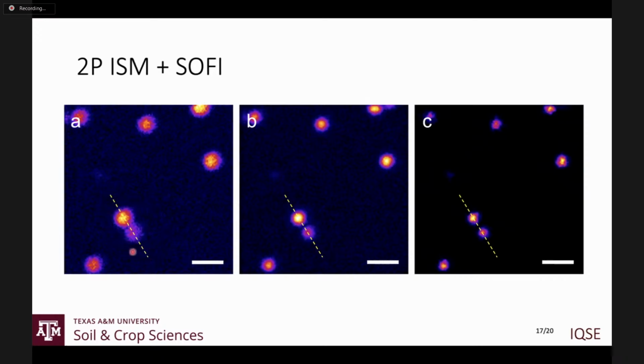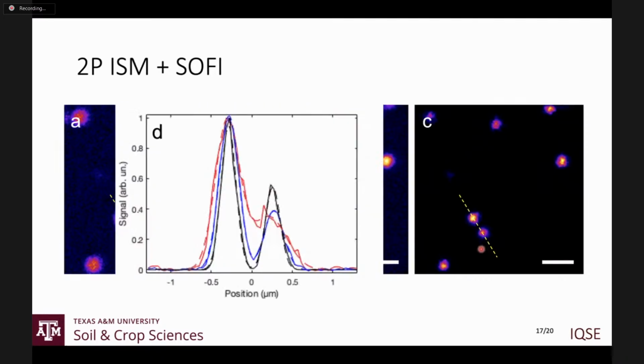You can still see from the image that there are 2 quantum dots. And over here on the middle panel, you can already see that they're well separated. And in the rightmost panel, the separation is even better. When you plot it as a line out, you can really appreciate the resolution improvement that you get when you use these 2 super resolution methods. And in this case, we managed to get to a resolution of really about 100 nanometer.